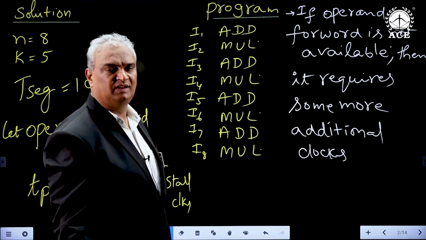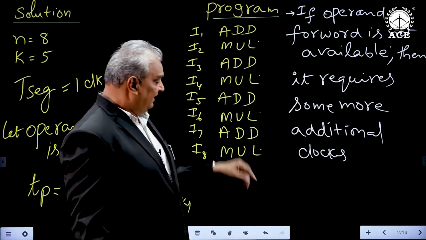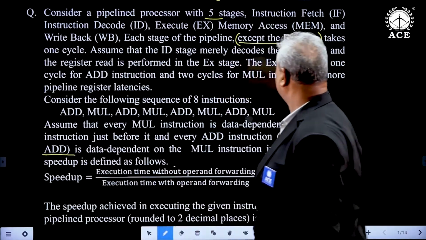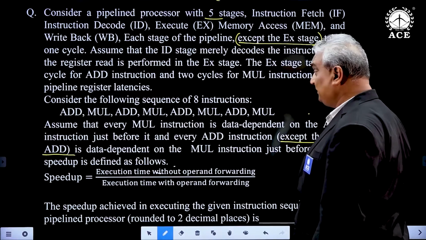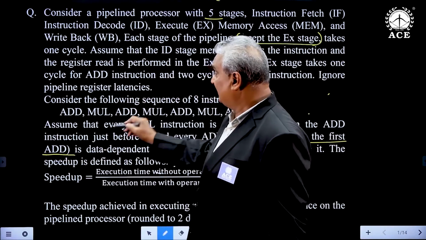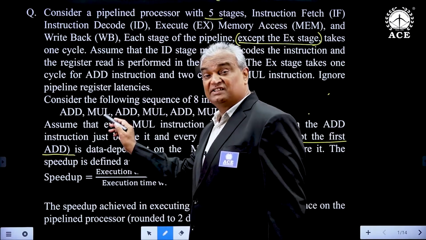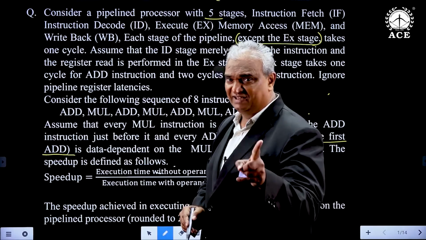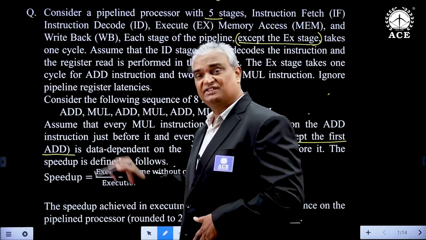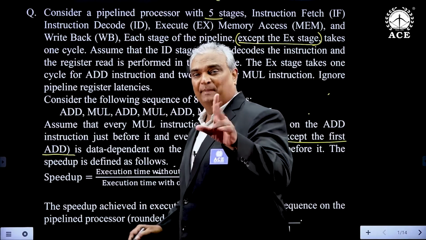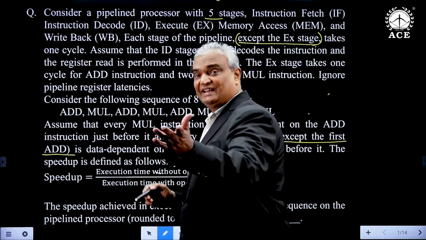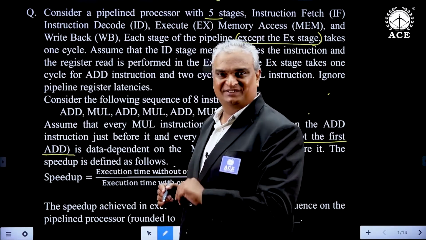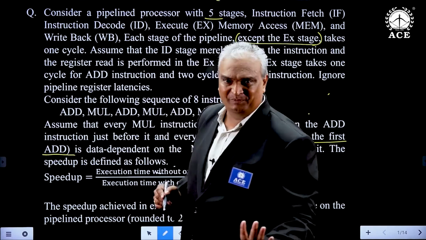In the question, what he mentioned: except the first add instruction, each mull instruction is depending on an add instruction and each add instruction is depending on a mull instruction. Why is the first accepted? Since it is the first instruction, there were no earlier instructions, so there is no problem with operands. Operands are directly available.